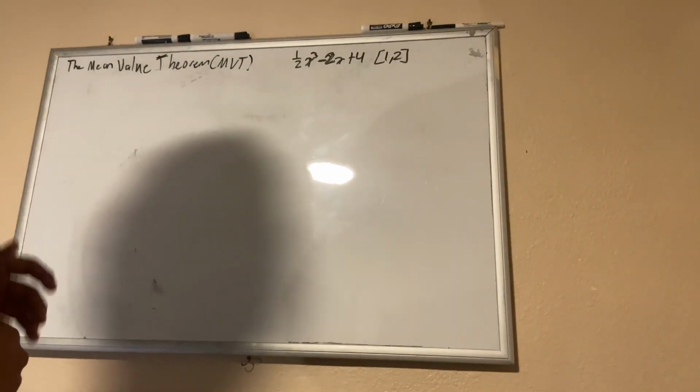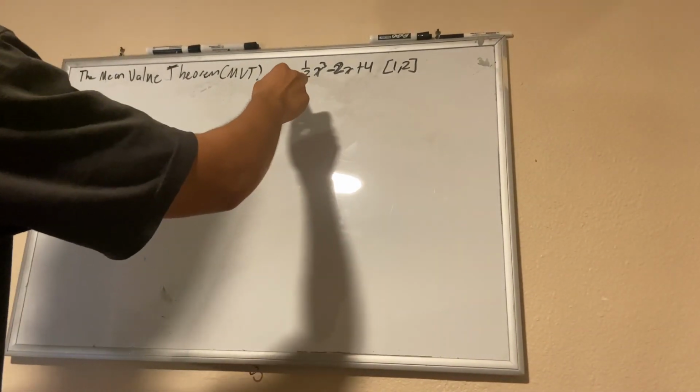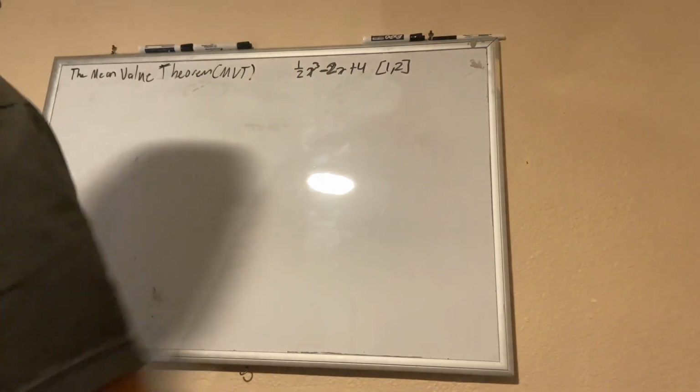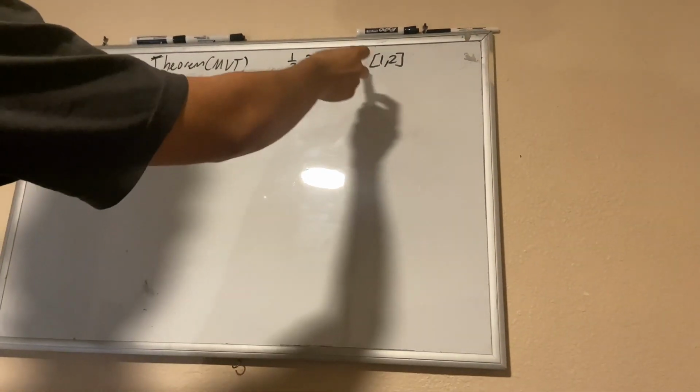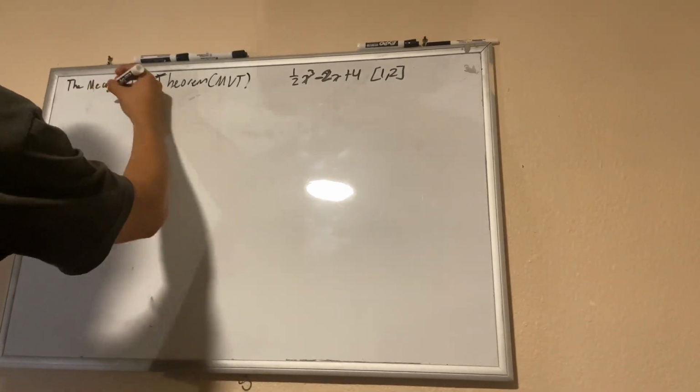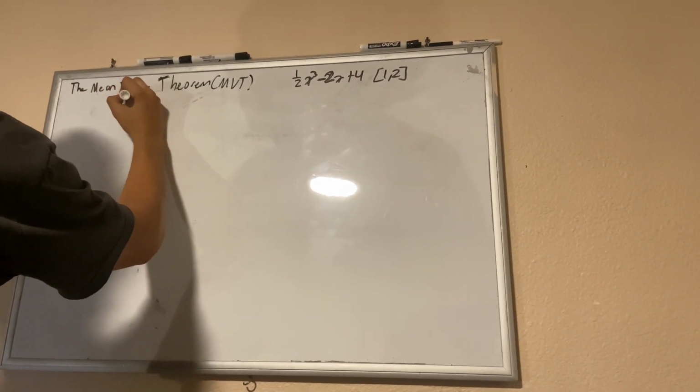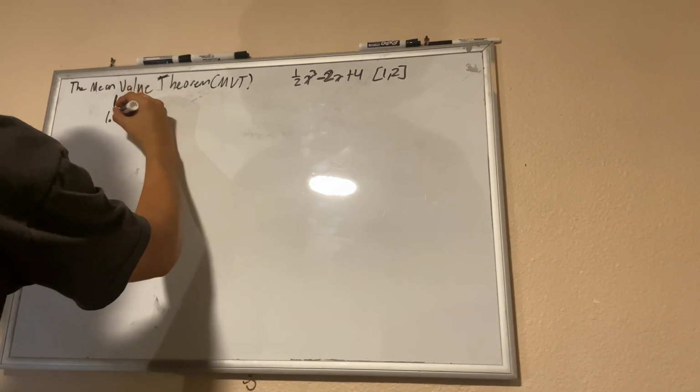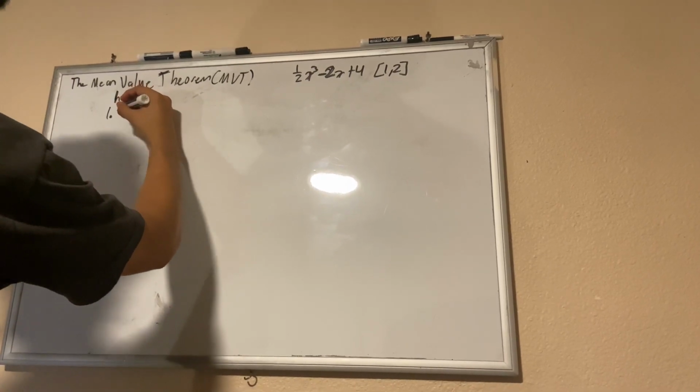So for our second equation, we have 1 over 2 x to the power of 3 minus 2x plus 4. And the points will be from 1 to 2. So same thing as last time. We gotta find the hypothesis. For step 1, gotta find where it's continuous on.